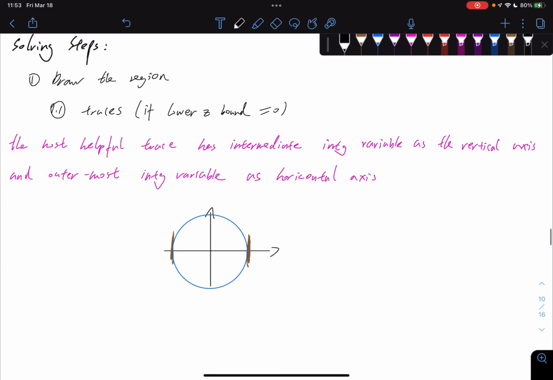But also, just for the sake of convenience, this is going to be a very nice handy trick for spherical coordinate integration.